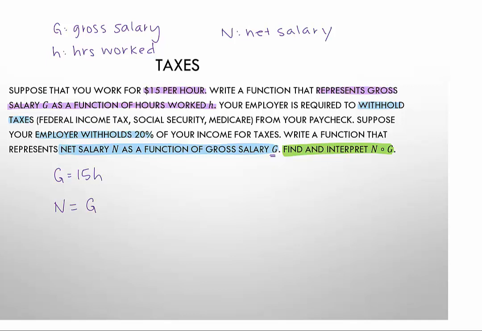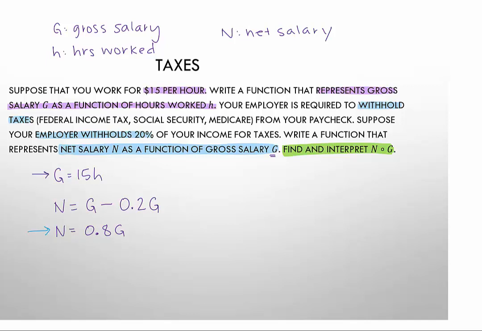So however much I make, which is my gross salary, but I'm being withheld 20% of that. So I'm going to take away 20% of that money, because 20% is my taxes of however much I made. So really what I'm netting is just 80% or 0.8 of my gross. So this here is looking at our net salary, and this tells us how much we're making just per hour.